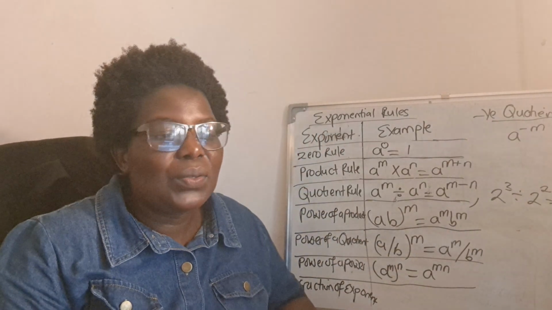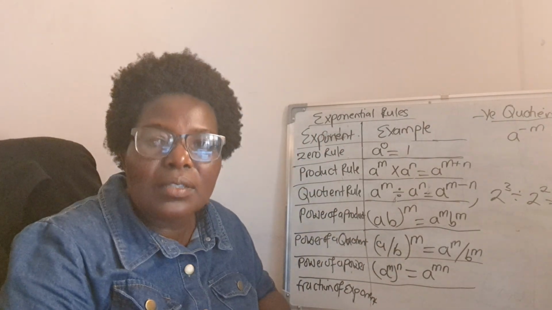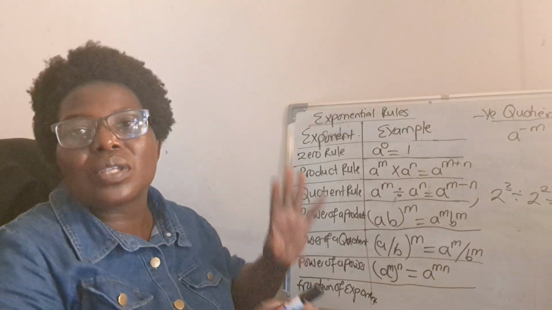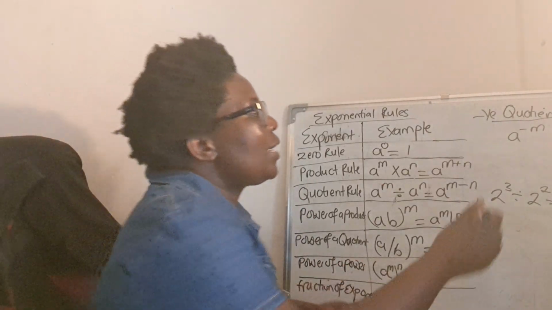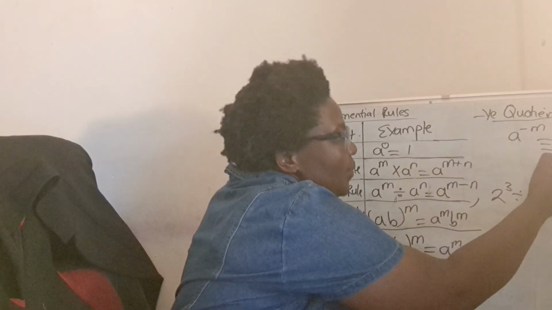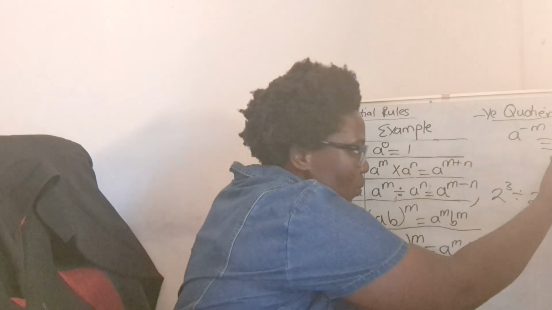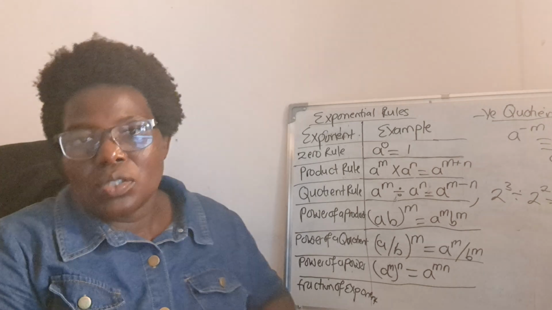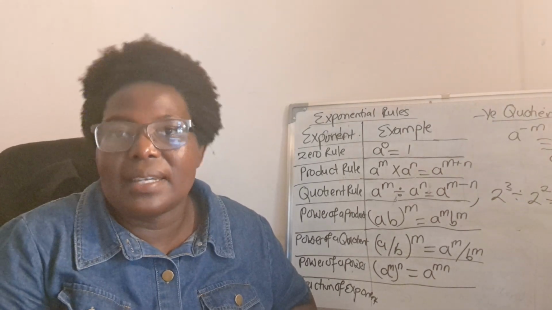You also need to simplify this. Any number raised to a negative power, you can convert into positive by saying 1 over that number to the power of m. So you can get rid of the minus through that.